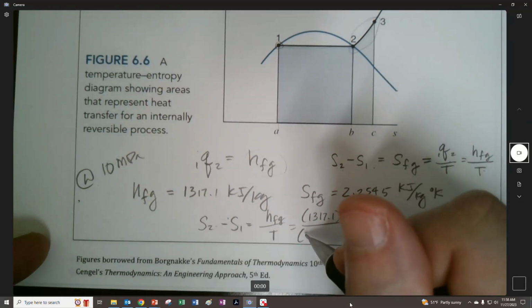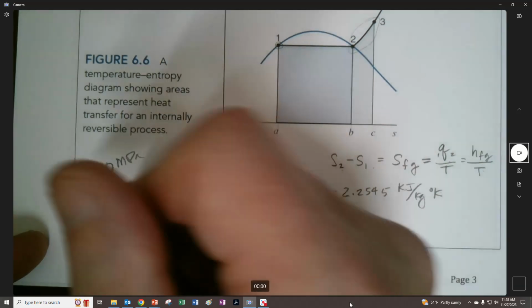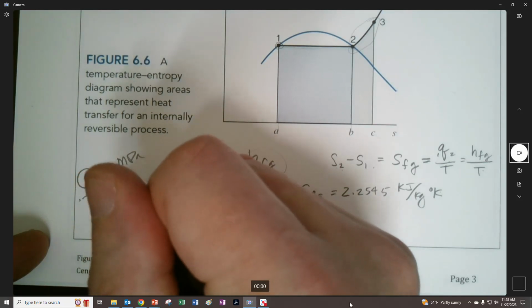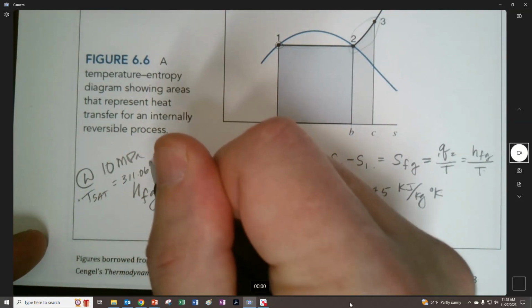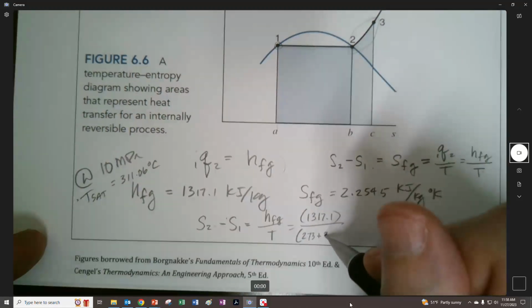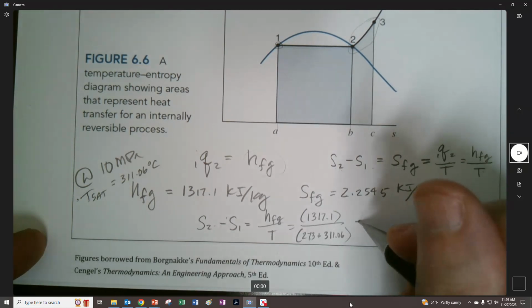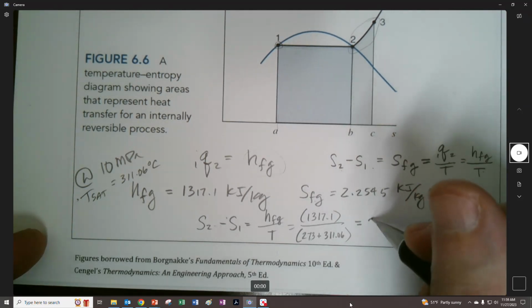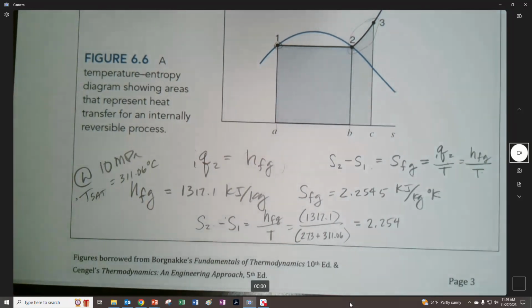So we better add 273 to the TSAT, which I should have written down, of 311.06 degrees Celsius. So now it's in Kelvin. Divide this through, and we get 2.254. I didn't bother with another sig fig.